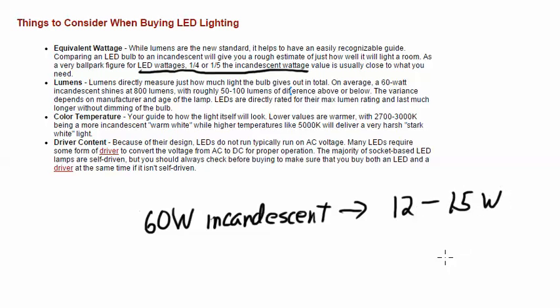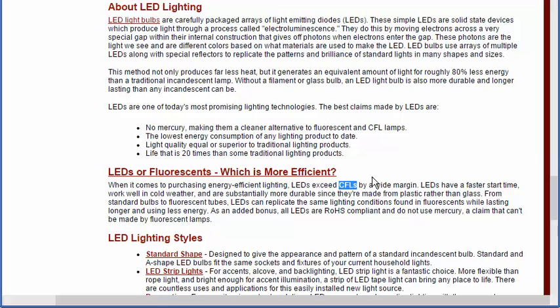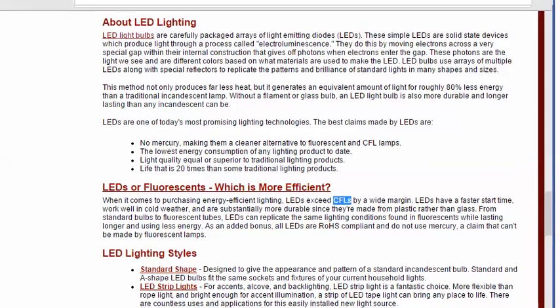A 12 to 15 watt LED light. But I think you can also use a 12 to 15 watt CFL bulb. Now, so far as I know, that's about right. The bulb I have for my CFL bulb is about a 13 watt bulb.